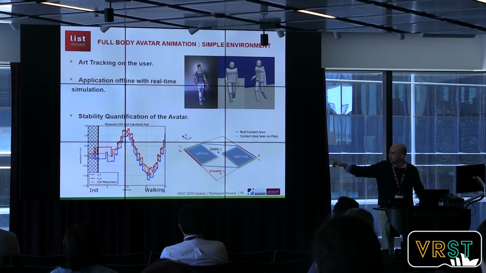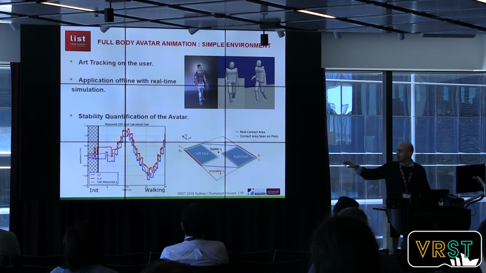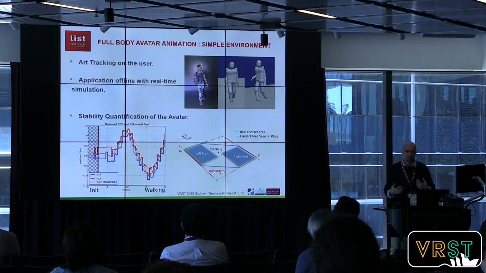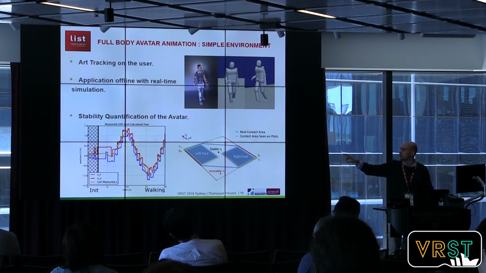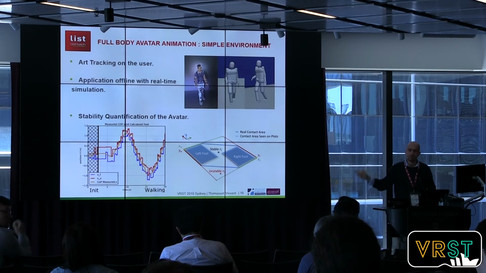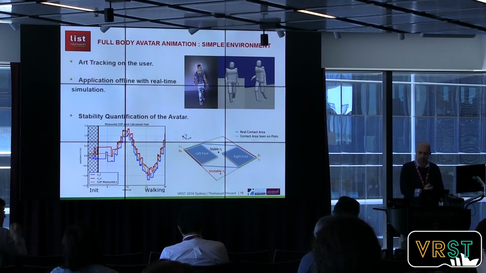On the left you have an example of a plot where in yellow you have the position of the ZMP, which is computed directly on the user depending on its position and acceleration, and in blue and red you have the limits of the edge of the support polygon, the contact area, to see if the system is stable at each instant or not.